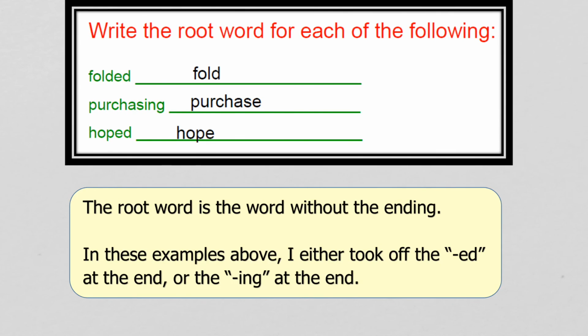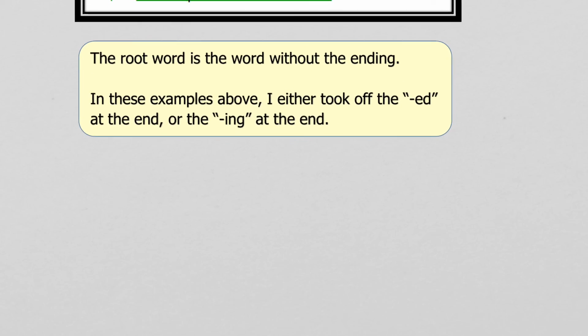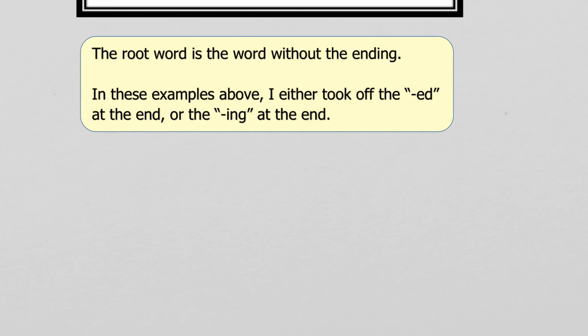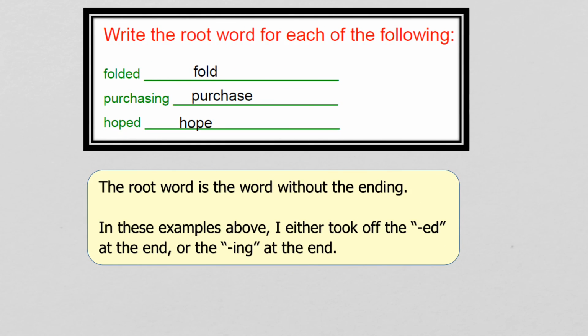P-U-R-C-H-A-S-E. Or you could start off with hoped, H-O-P-E-D, and get hope, H-O-P-E. And I also mentioned hope already. So the root word is the word without the ending. In all of these examples here above, I either took off the ed at the end or the ing at the end.